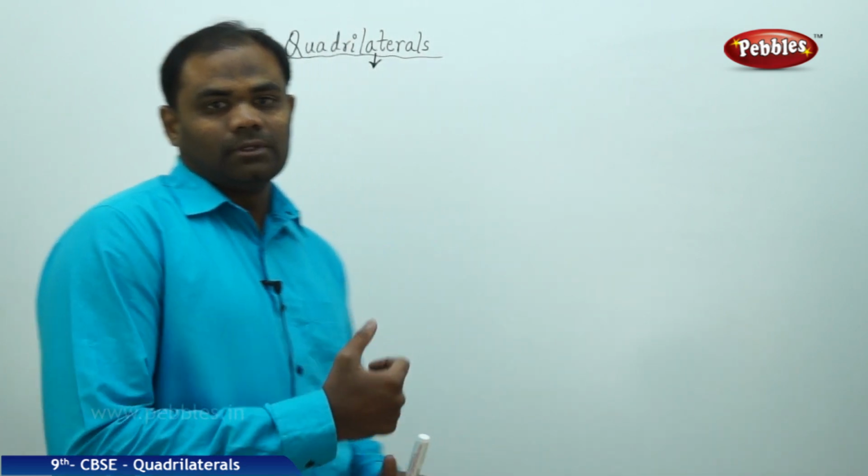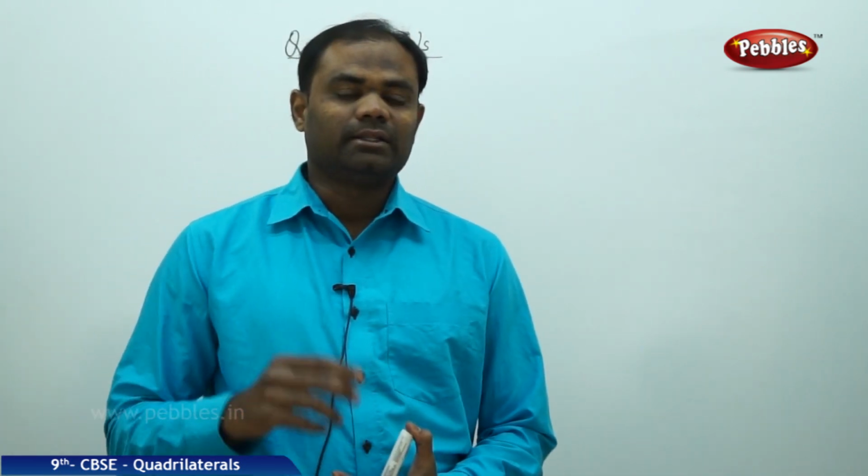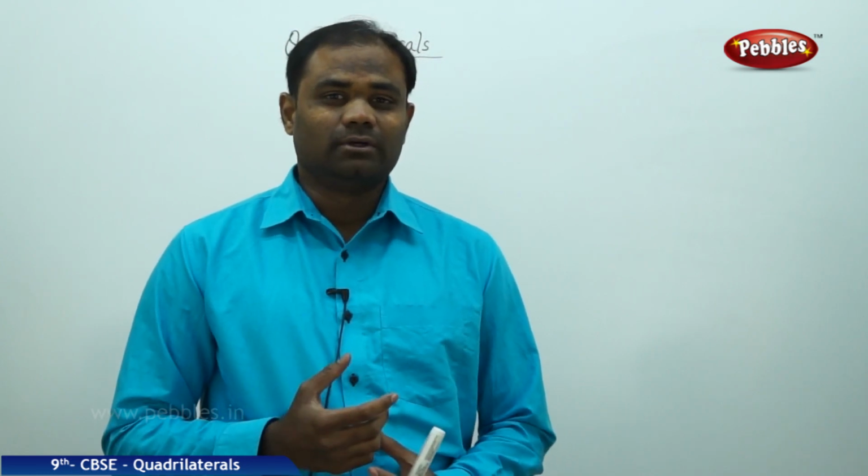Now let's see the converse of the property which we have discussed in the previous session. For example, I have taken a parallelogram in which opposite sides are parallel, then that quadrilateral has its opposite sides equal. Now let's take a quadrilateral in which the pair of opposite sides are equal. Then will that be a parallelogram?